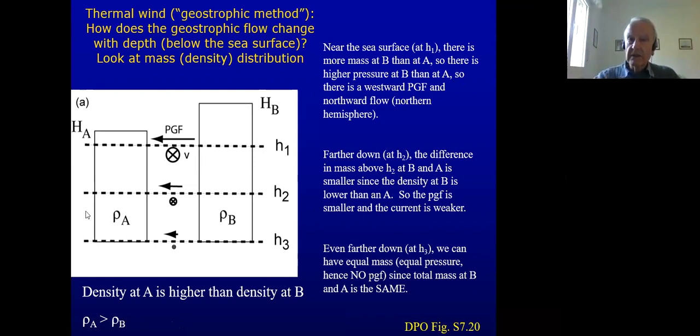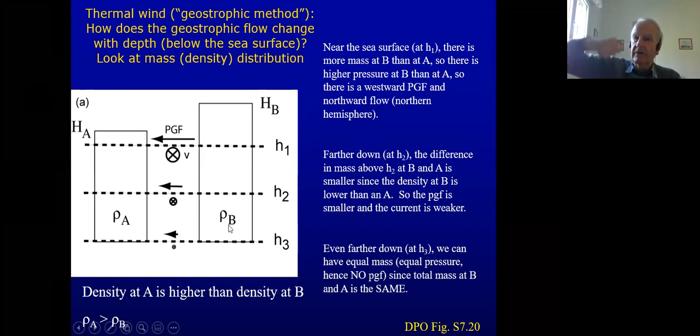Since the water column HB is higher than HA, it means that the density rho B of water column B is lower than the density of water column A, because here is the lower density, and therefore the water column is higher.